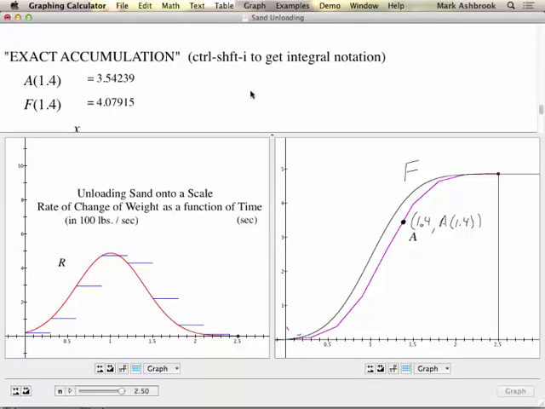Here's 1.4 and F of 1.4 up here. It's because we had all this underestimation of the rate of change, which means an underestimation of weight at the beginning. Now it's an overestimation, but it still has all that to catch up to, right? So the approximation was still too low. And we're off by about 50 pounds, half of 100 pounds, using the delta X of 0.3.